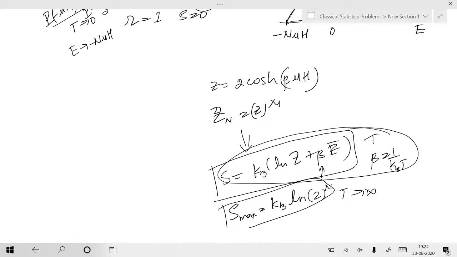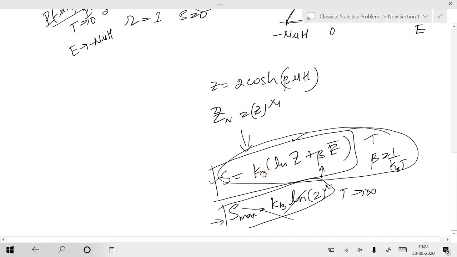Don't think that when you leave the system, it will always approach this maximum possible entropy. That will never happen. It will not automatically attain this one, but it will approach it. That is an approach to thermal equilibrium. I hope this formula is correct.